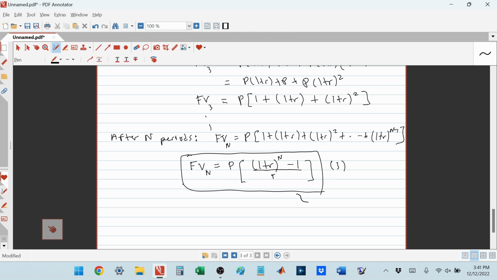This is known as the future value of an ordinary annuity.